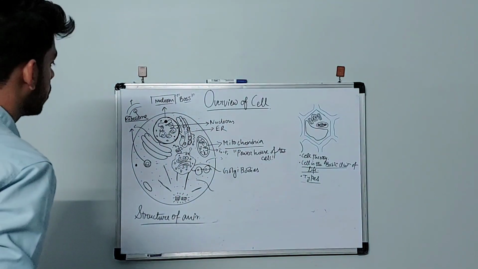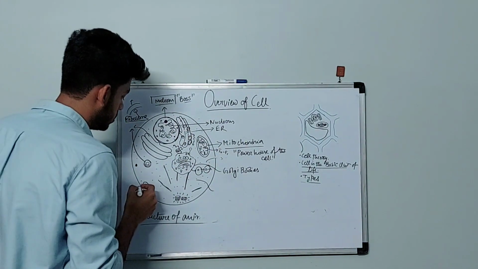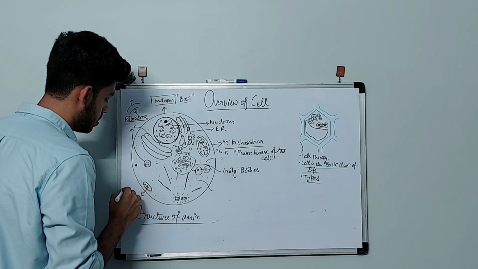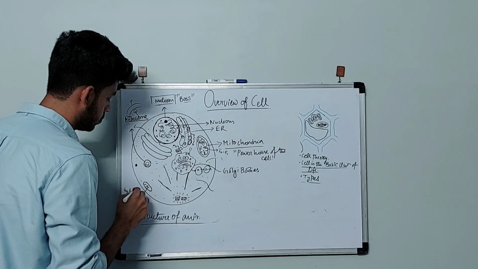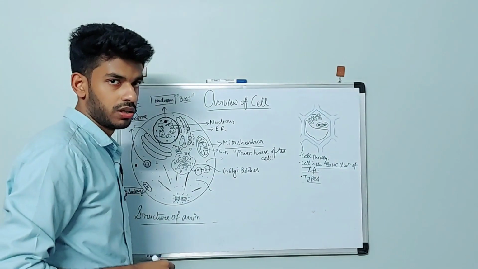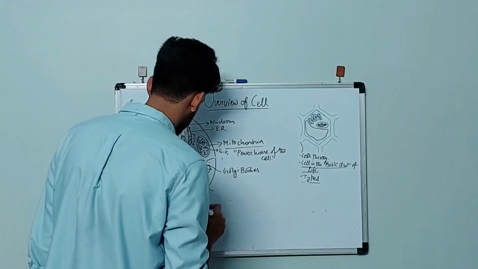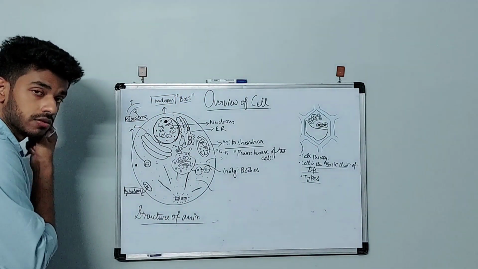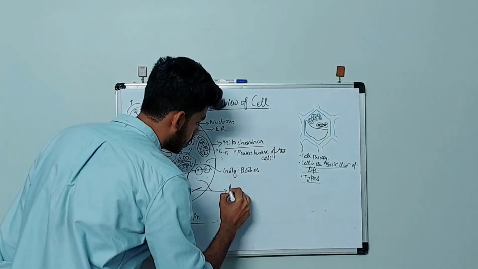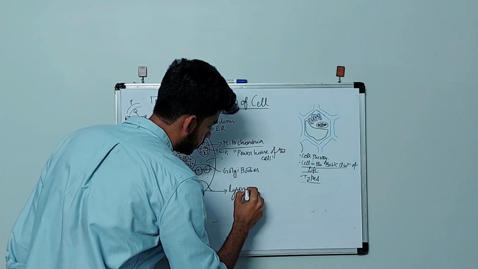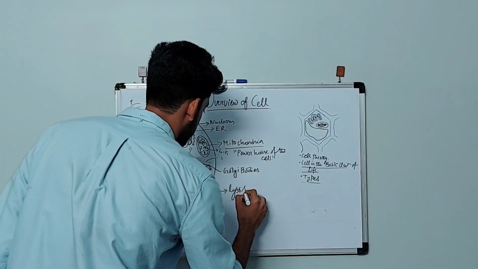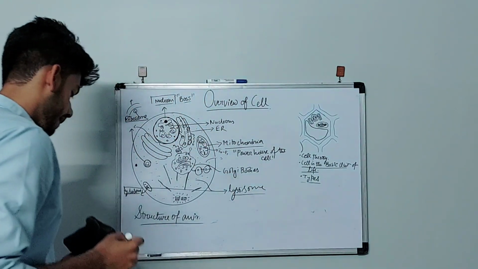and there are some other organelles I have drawn. This one is called lysosome. So lysosome has an interesting story. Okay, lysosome. I think the name is visible. This is lysosome, or I am also mentioning it here. Lysosome. Okay.